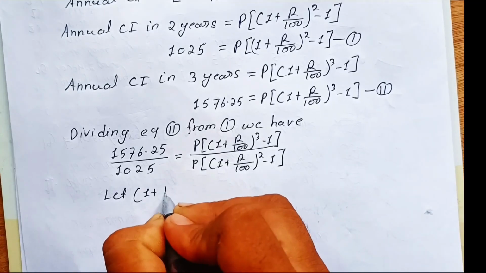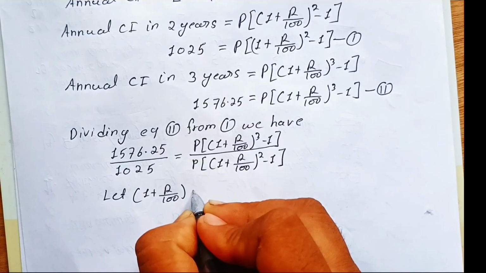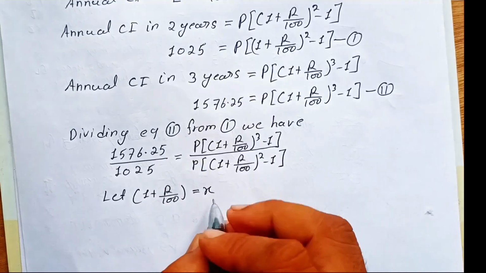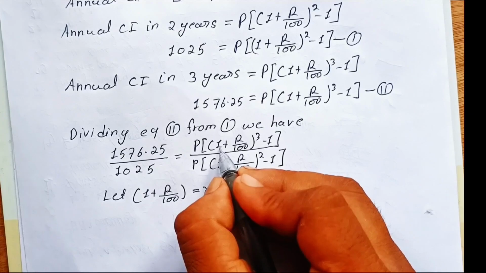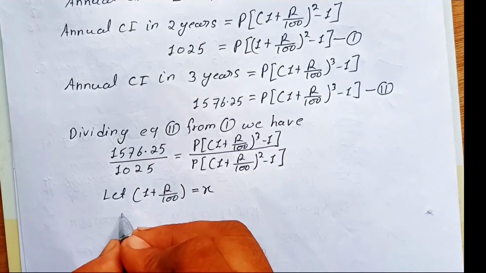Let the factor 1 plus R upon 100 be equal to x. We suppose the factor 1 plus R upon 100 to be x.